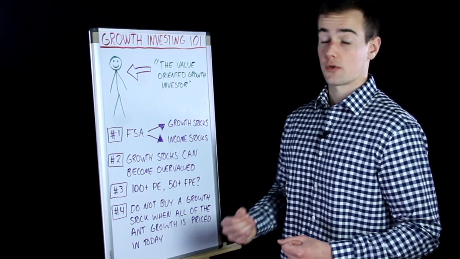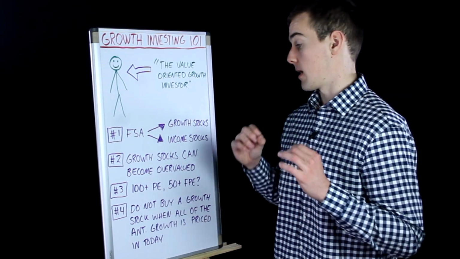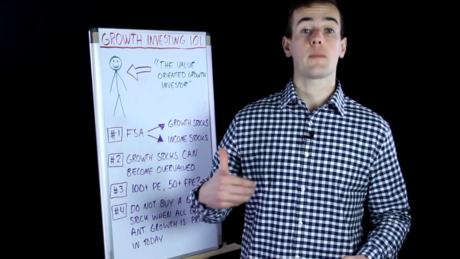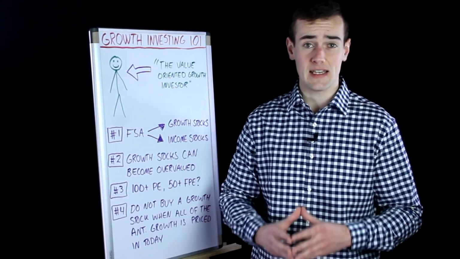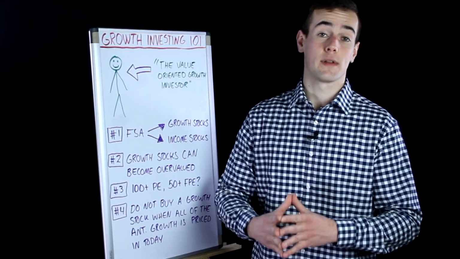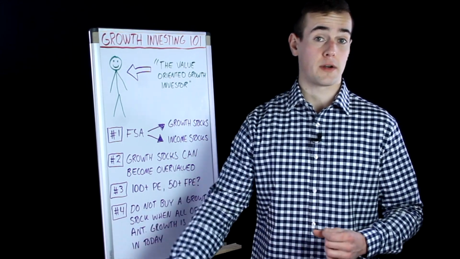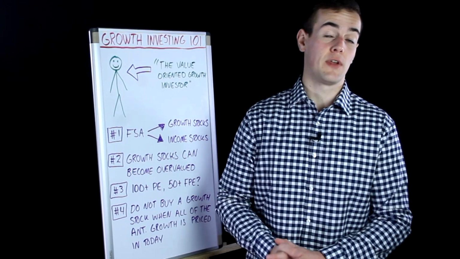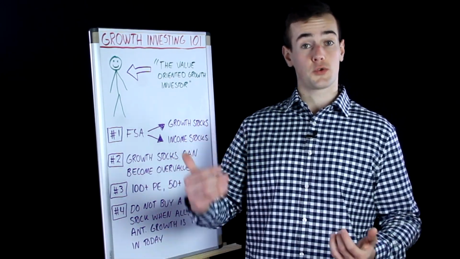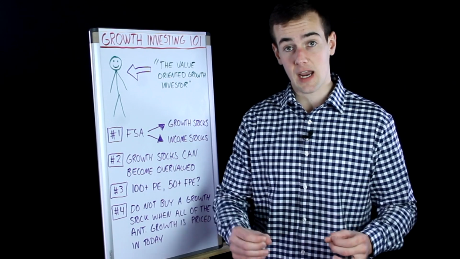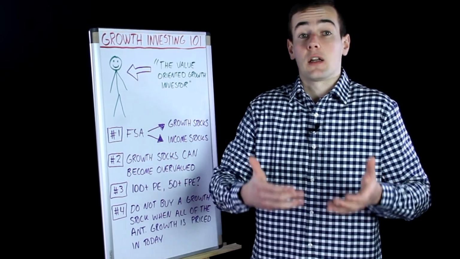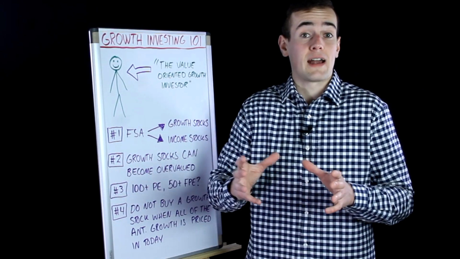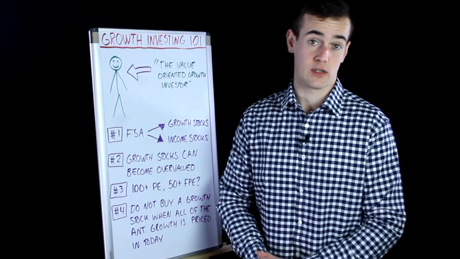Now, the other thing you understand is that growth stocks can become overvalued. They're very prone to becoming overvalued because it's easy to get excited today about what's going to happen tomorrow. You hear about companies getting involved in artificial intelligence or autonomous driving or who knows what, but all of this future technology, it's very exciting, but that doesn't mean it's going to turn into a reality, or it may not happen as quickly as they believe it is going to happen.